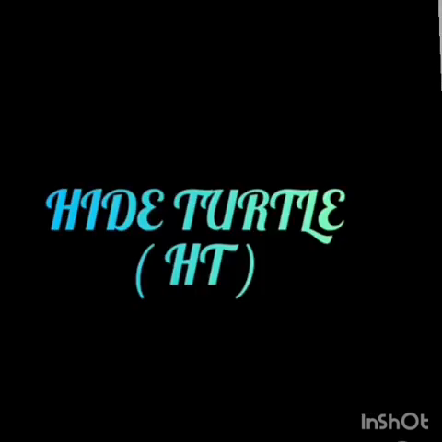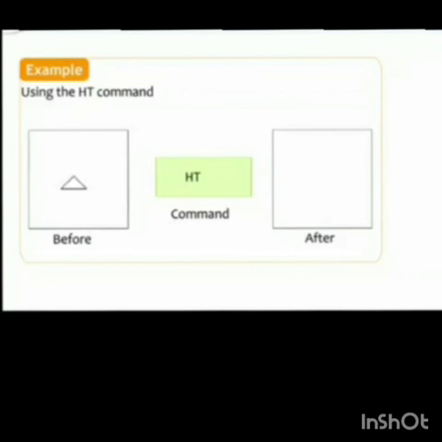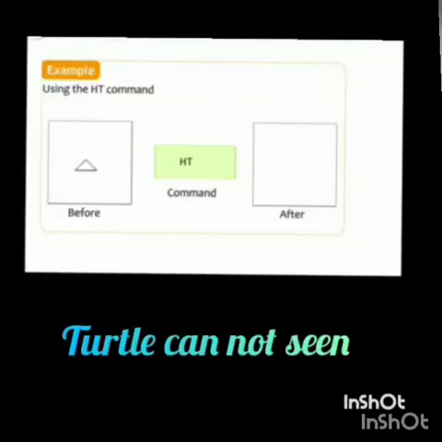Next, hide turtle. Its short form is HT. This command is used to make the turtle disappear from the graphic window. The turtle continues to draw but cannot be seen. For example, FD 60, forward 60.